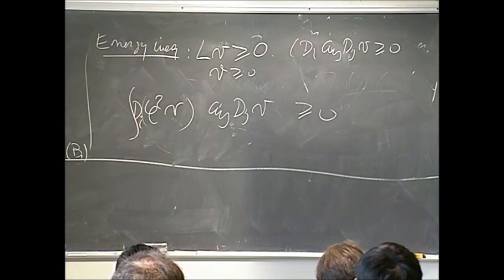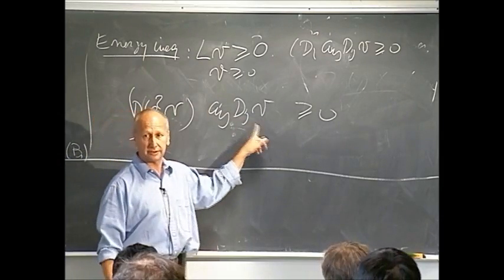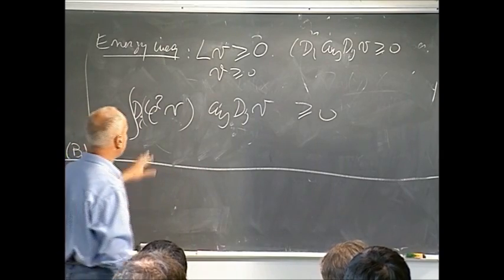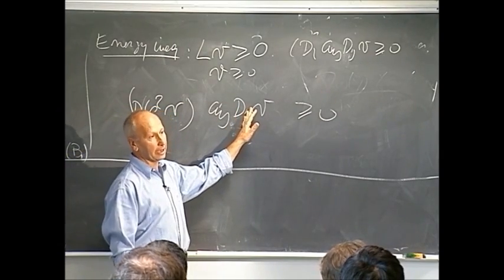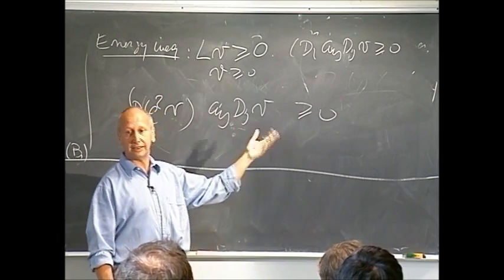Okay, and to get the energy inequality, what I want to do is pass this phi from here to here. And when you pass the phi from here to here, then you have an extra term that involves V, gradient V, and gradient phi.